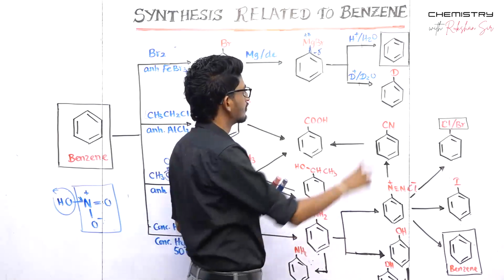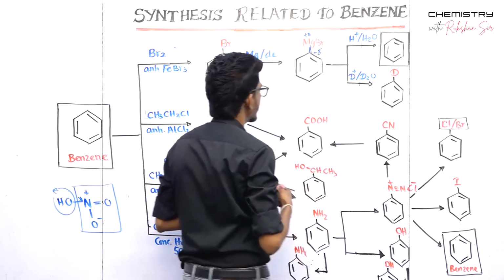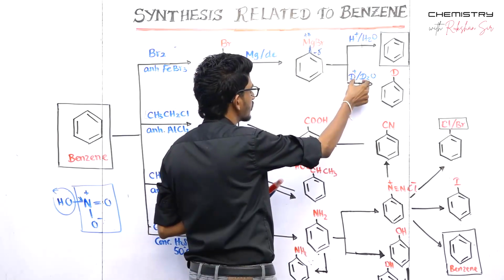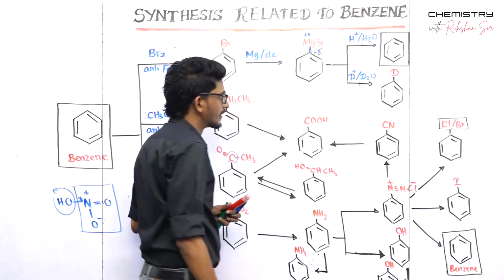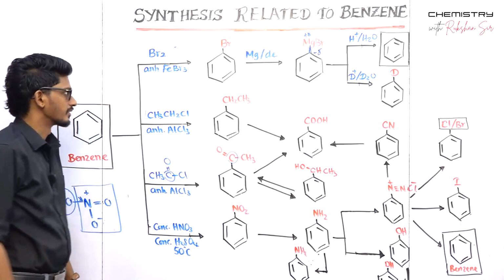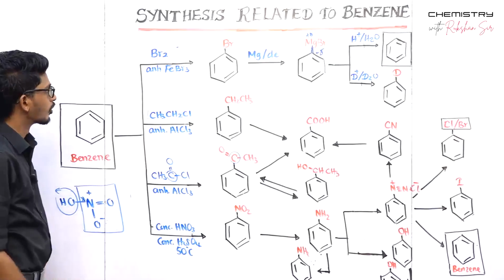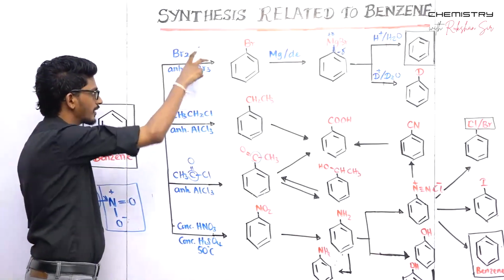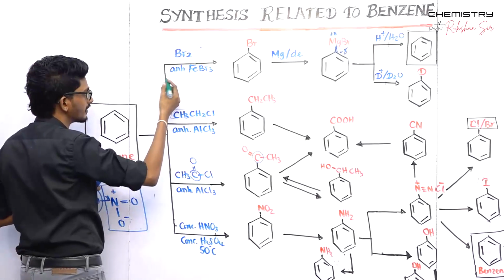That can be done by this reaction pathway if you add some D plus D2O to the benzene Grignard. Now that is all about the first pathway we had discussed, the bromination pathway. This process is called bromination or halogenation.